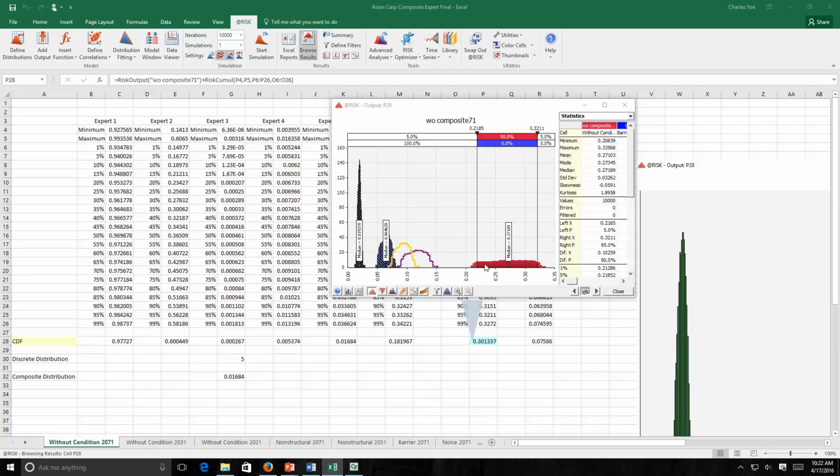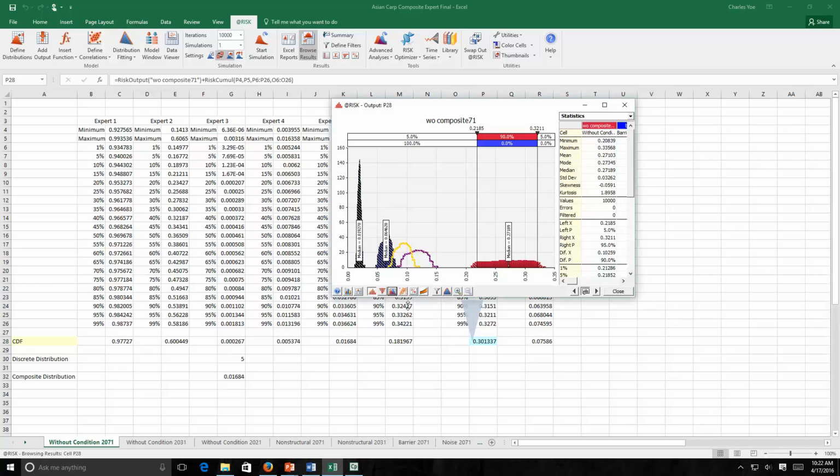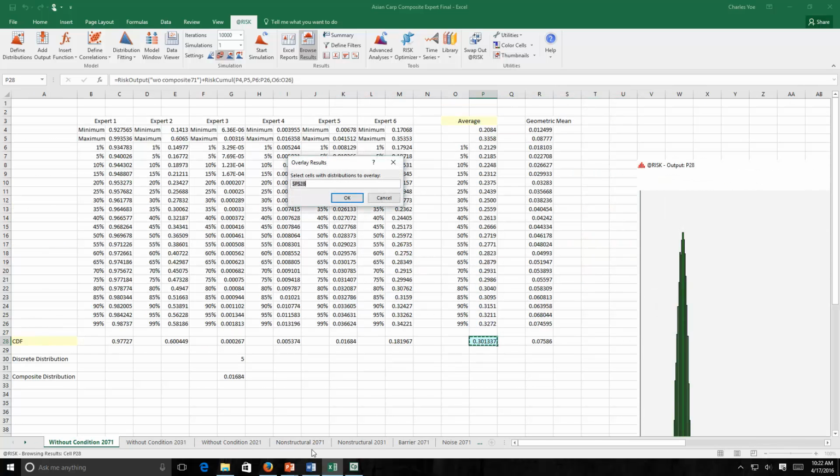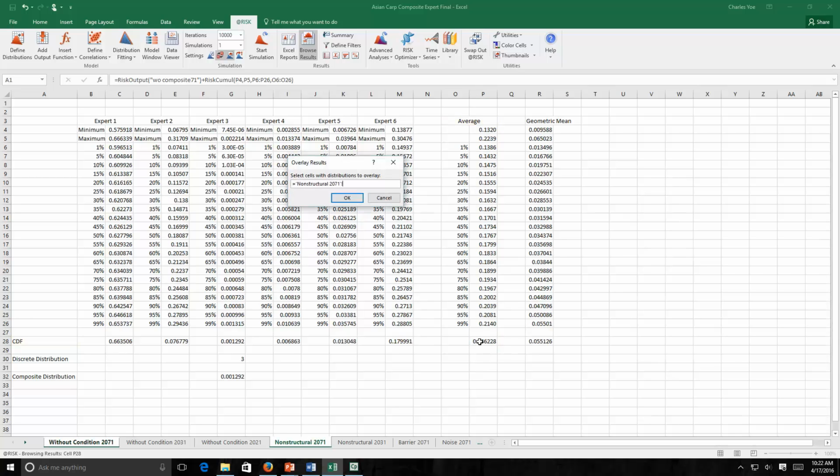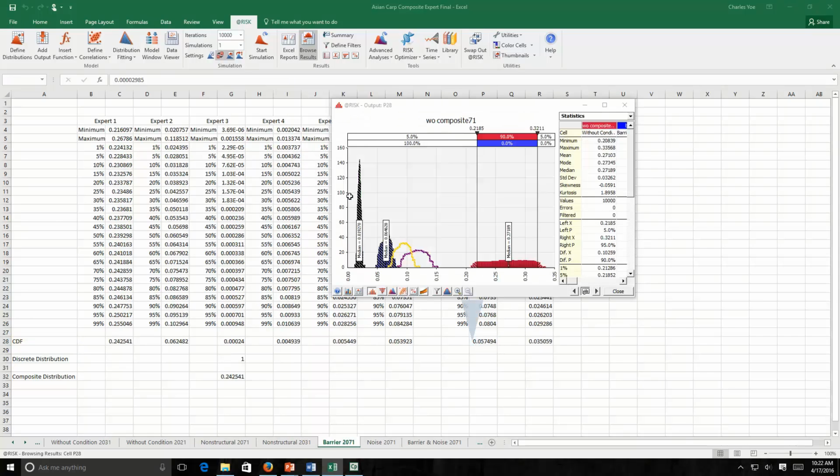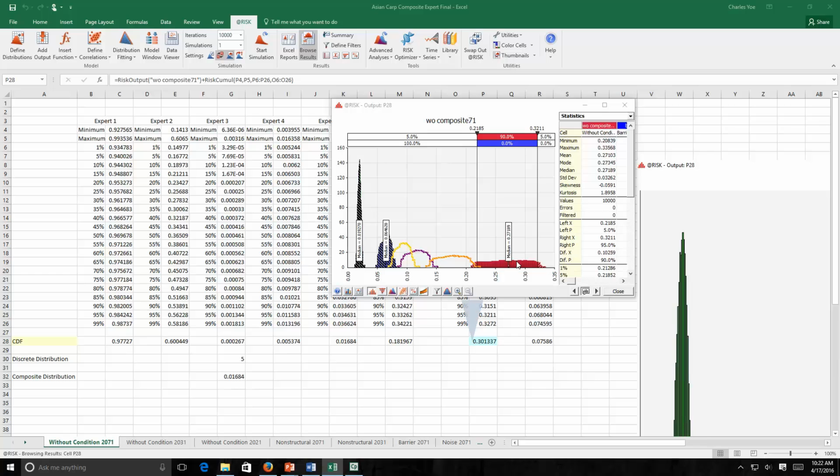This graphic shows the effectiveness of the different plans. I've left out the non-structural, so let me add that.